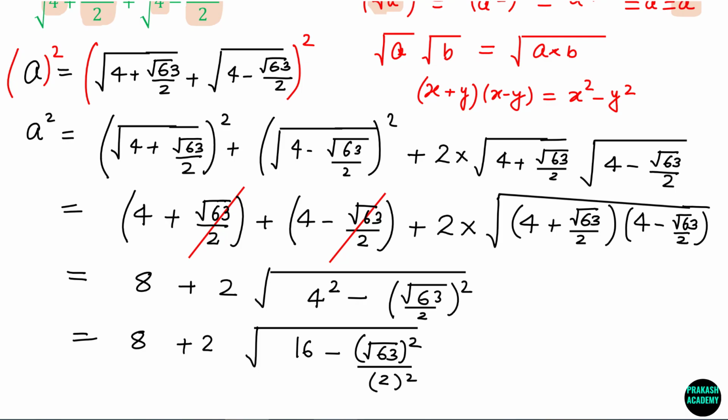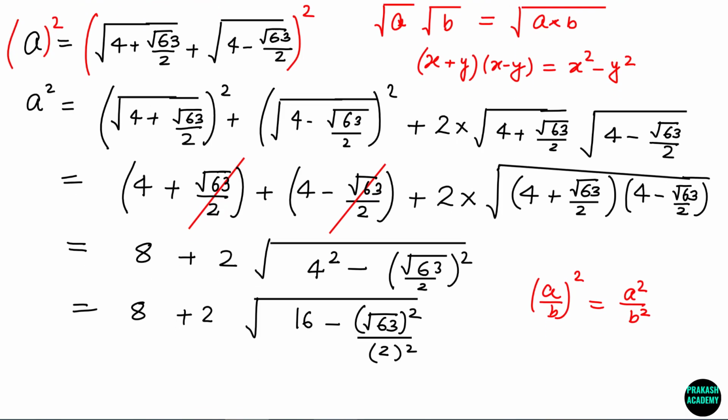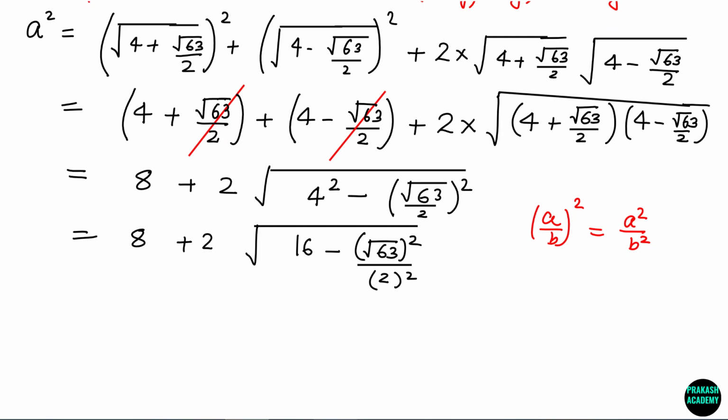So what I am doing is I am using another rule. If we have a by b whole square, this can be written as a square divided by b square. So now I can further simplify: 8 plus 2 times the square root of 16, and root 63 whole square is simply 63, and 2 square becomes 4.